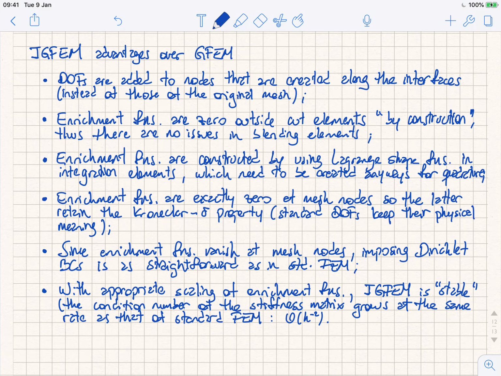This requires a nice implementation of a geometric engine to do computational geometry, and this is very tough, and to get it right takes a lot of time. So this is, I would say, the main disadvantage of any enriched formulations for which the discontinuities are resolved implicitly by the formulation. Okay?